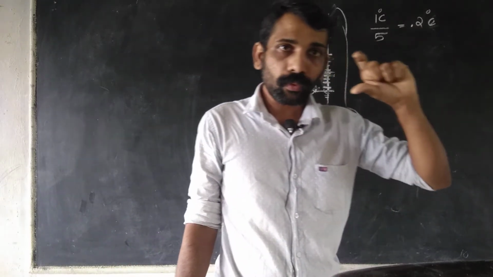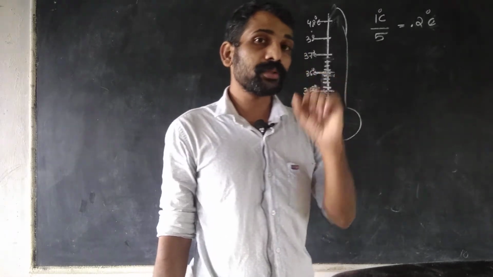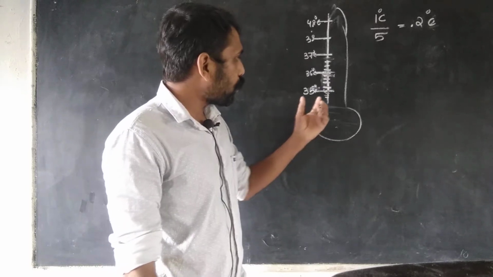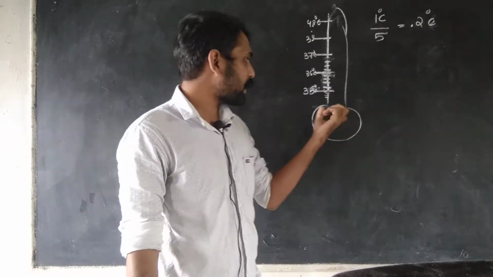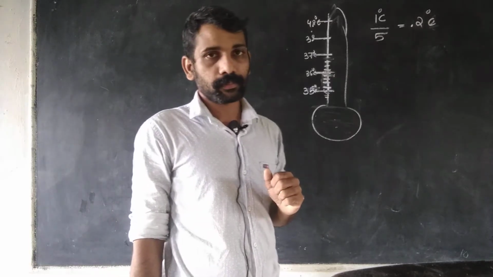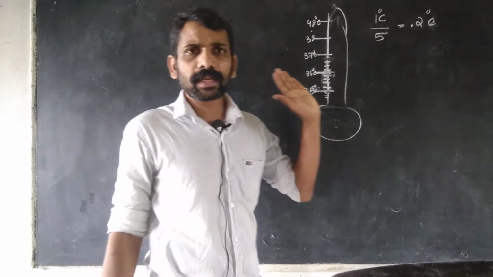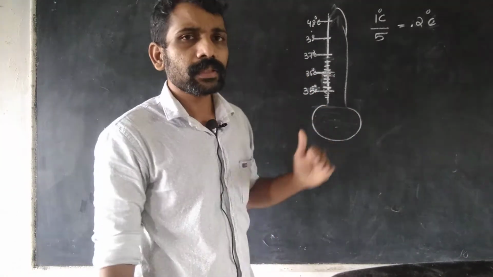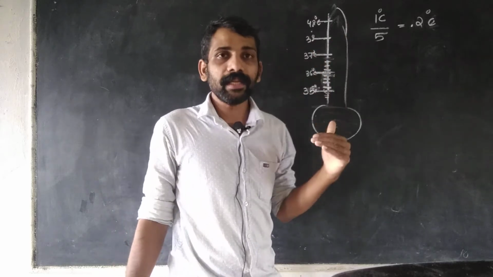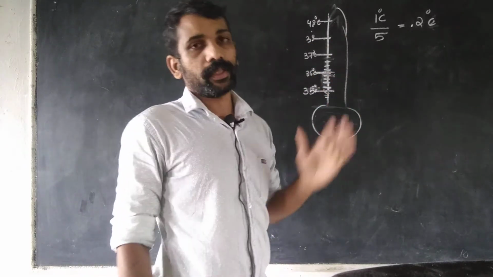So each small part reads 0.2 degrees Celsius. So the smallest value in this thermometer is 0.2 degrees Celsius. These are about the numbers written on the scale of the thermometer.